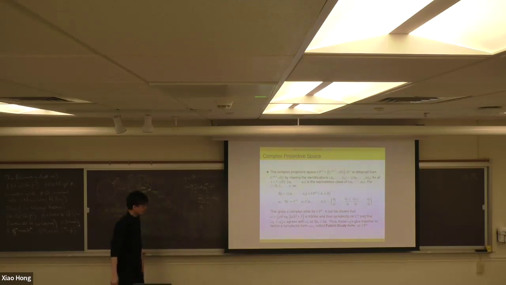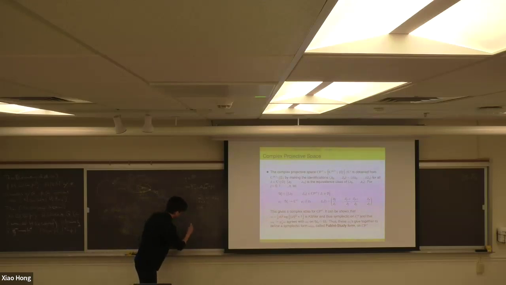These are the complex charts where phi is the homogeneous coordinates from charts to Cn. And there's a result showing that there's a natural Euclidean form in Cn. We can define, and we can pull back this form using this phi to phi star omega.